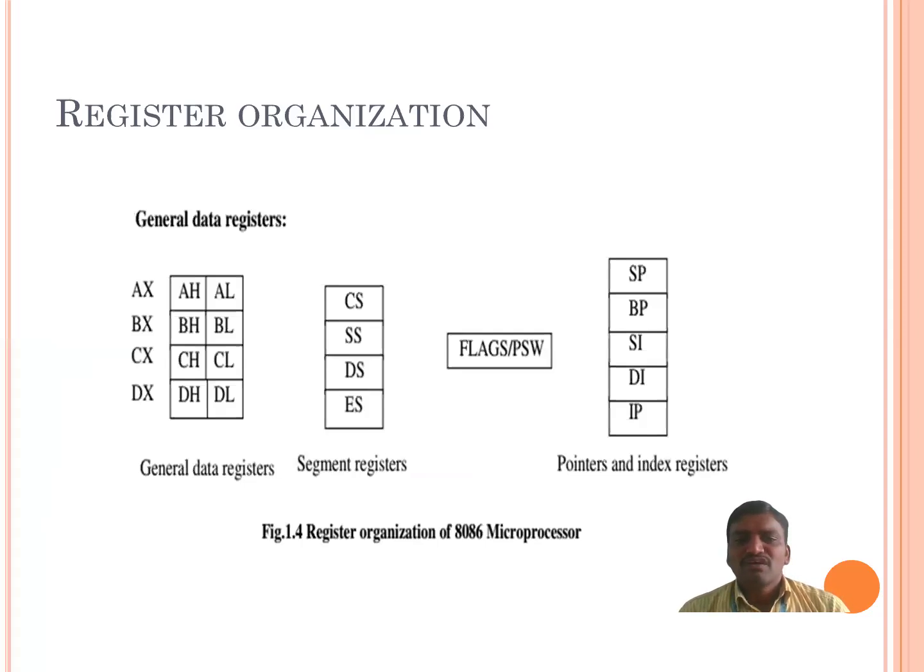It also has one program status word register, that is, the other name for the program status word register is the flag register. It also consists of pointers as well as index registers. So here it has pointer registers: stack pointer, base pointer and instruction pointer. The index registers are the source index register and destination index register.